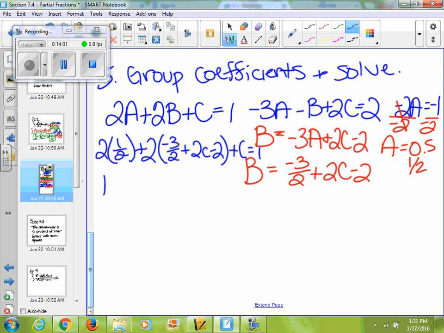Well, 2 times 1/2 is 1. 2 times negative 3/2 is negative 3. 2 times 2c is 4c. 2 times negative 2 is negative 4. Plus c equals 1. 1 minus 3 is negative 2, minus 4 is negative 6. 4c plus c is 5c.